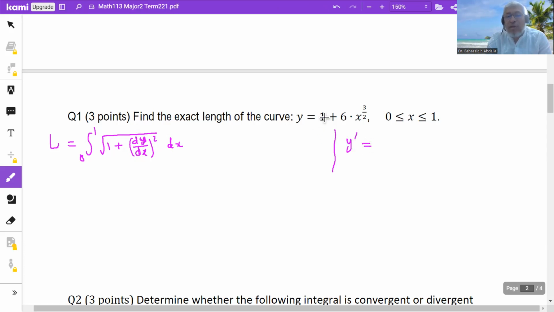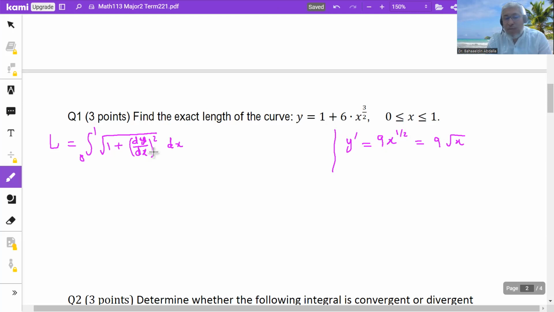Well, the derivative of 1 is 0, 6 is a constant, and the derivative of x to the power 3 over 2 is 3 over 2 times 6. So when I multiply 3 over 2 times 6, I get 9, x to the power 3 over 2 minus 1, and that's half. So actually, y prime is 9 square root of x.